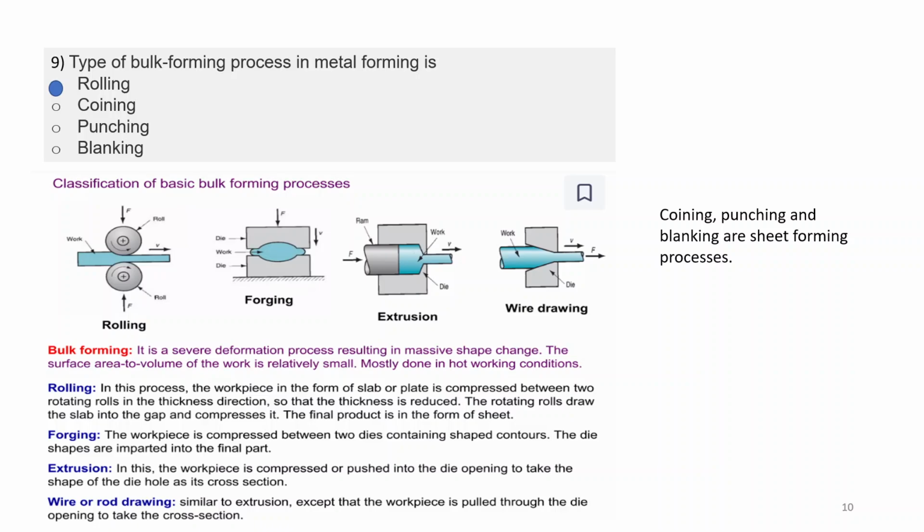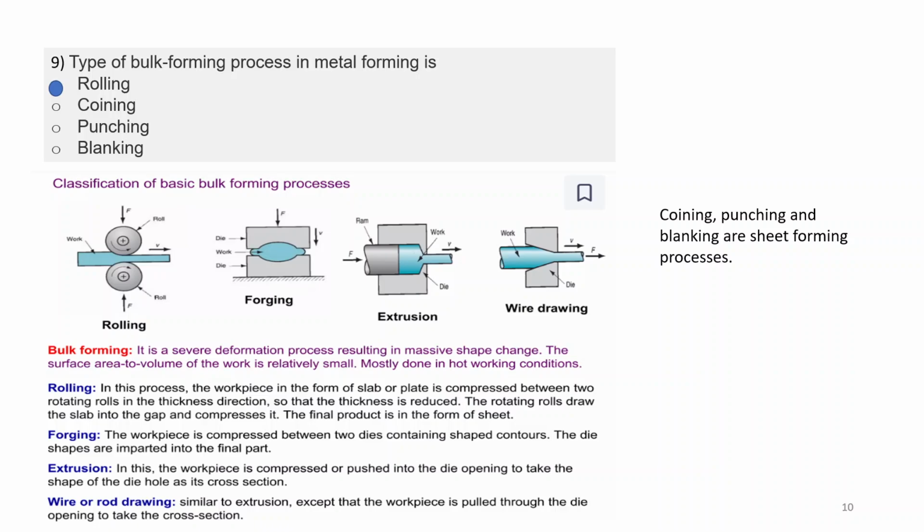So the stock that you are using will be also in sheet form rather than having it in volumetric shape. In case of rolling as well, you can use billets or thick sheets compared to coining, punching and blanking. And the operations are also different compared to these operations.